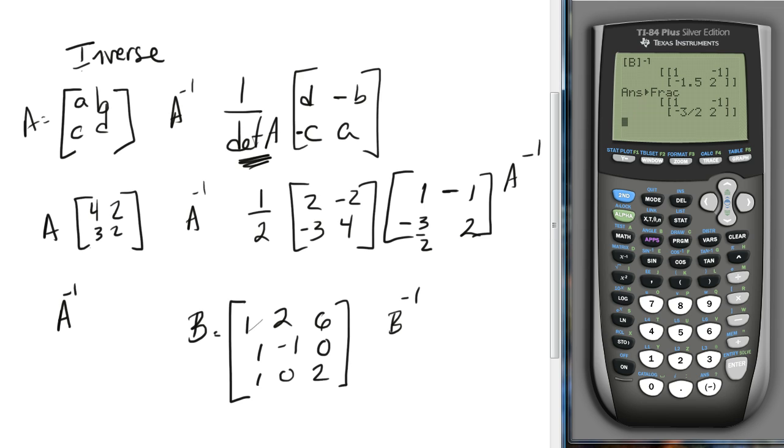Okay, so let's go. Second matrix, edit, and I'll put it in the first one. So 1, 2, 6, 1, -1.